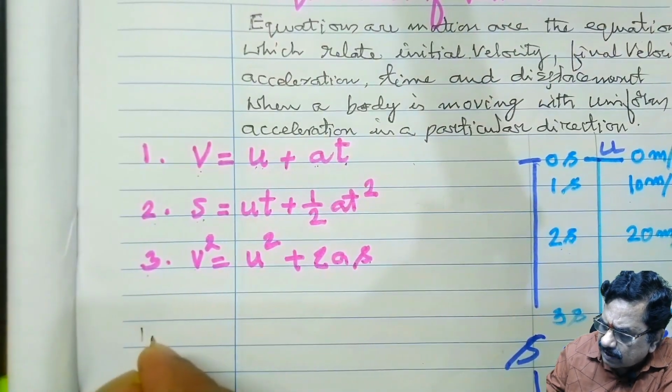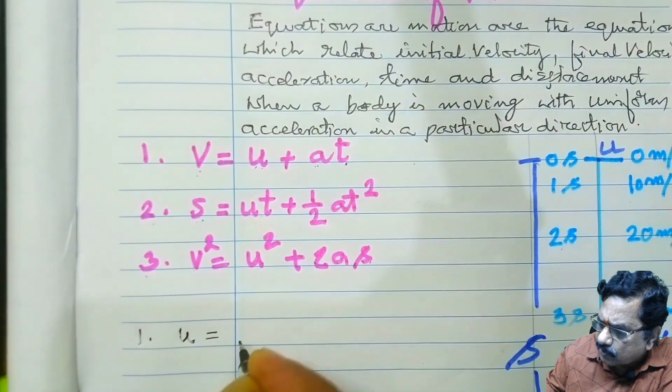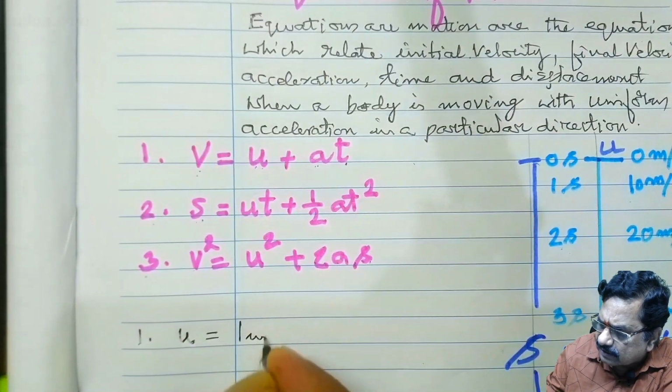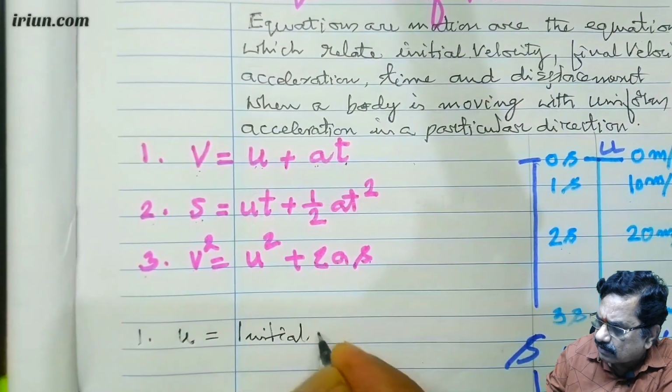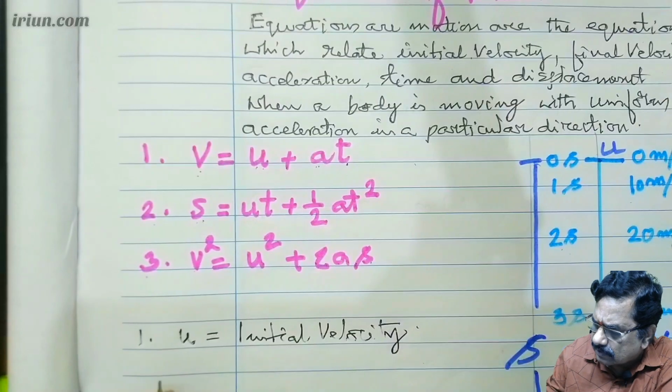Let us see those quantities. I will write it. Number 1, u. What is u? u is initial velocity.